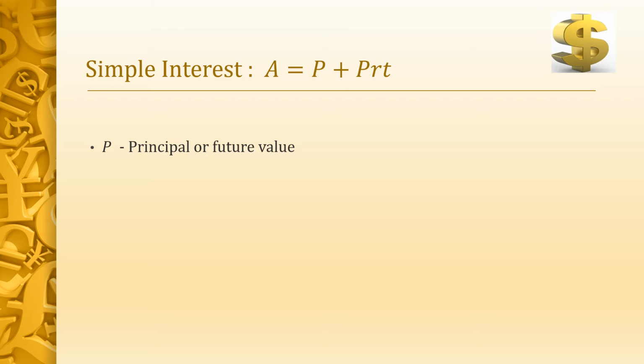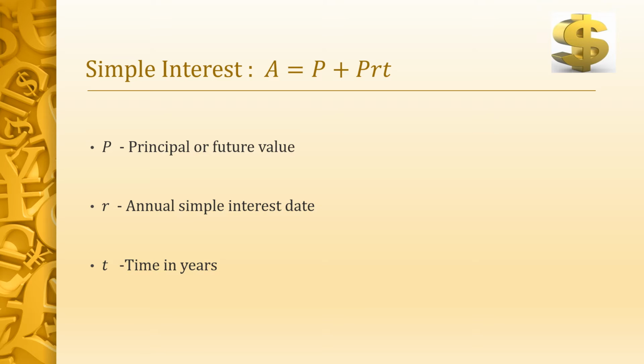So when we have this total formula, A, the total amount I have paid, maybe I can find the principal or future values when other values are given, or we can find the rate of interest or the time when the other values are given.